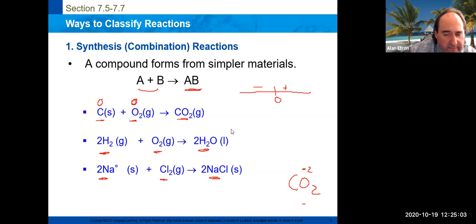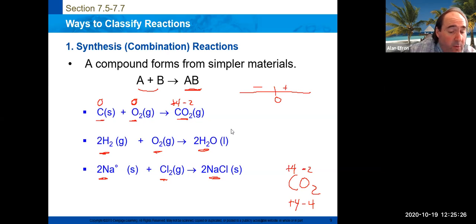There's 2 of them, gives you -4. The overall charge on CO2 is 0. To balance that out, our carbon in this case is actually taking a +4 oxidation state, and our oxygen is -2. So we do see changes in the oxidation state, which indicates it's a redox reaction.